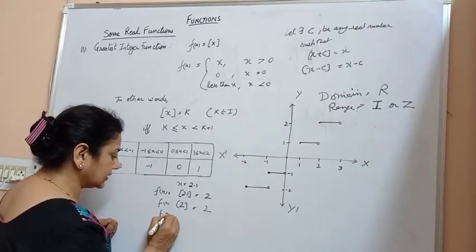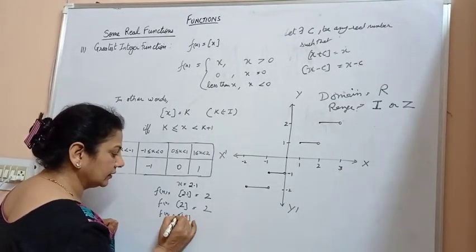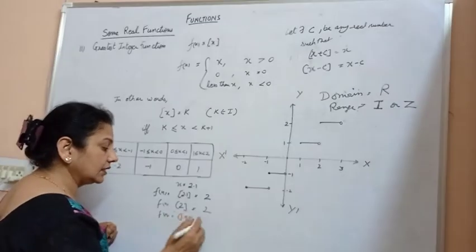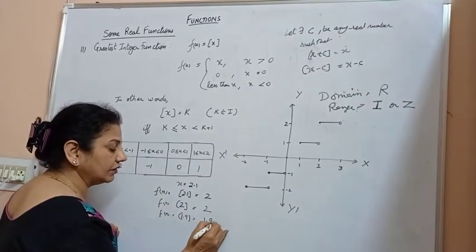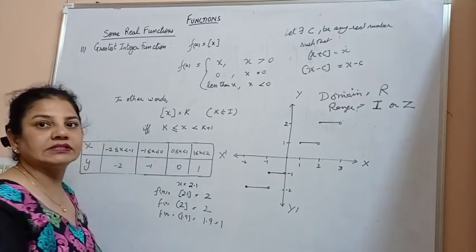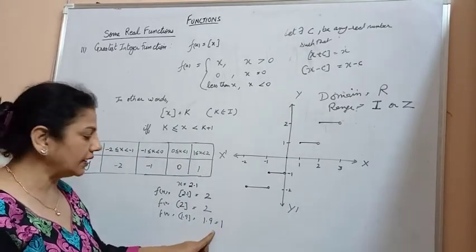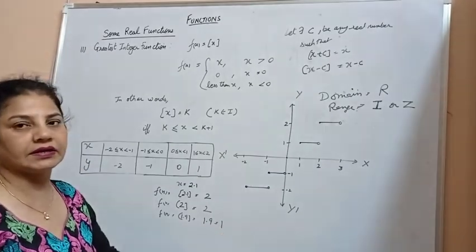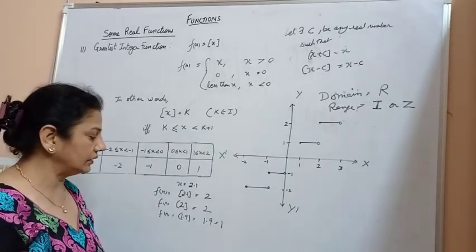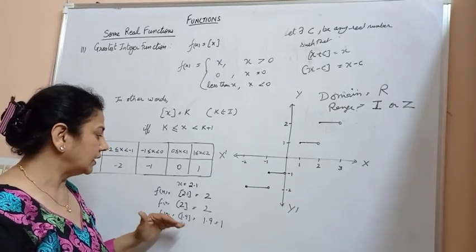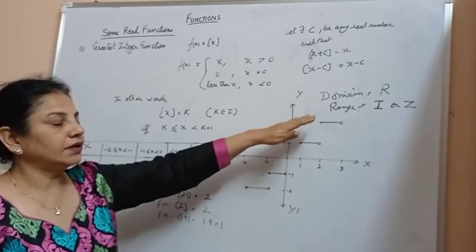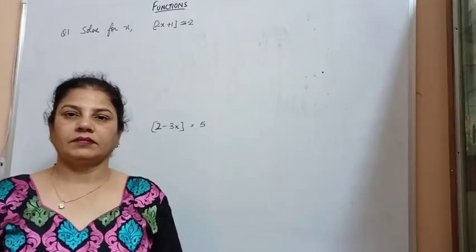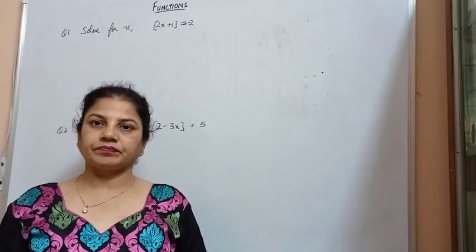If x is 1.9, which is less than 2, then the result is 1, because we take it as an integer, so 1.9 is considered to be 1. So in this particular case, we can say that the range is the integers and the domain is the real numbers.